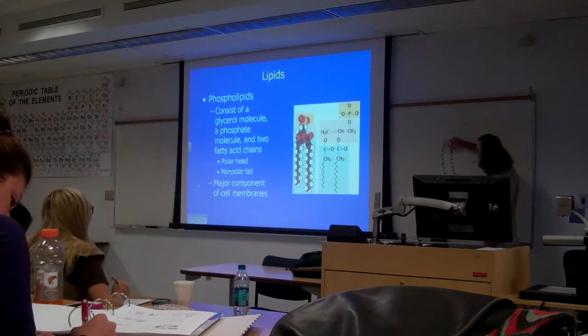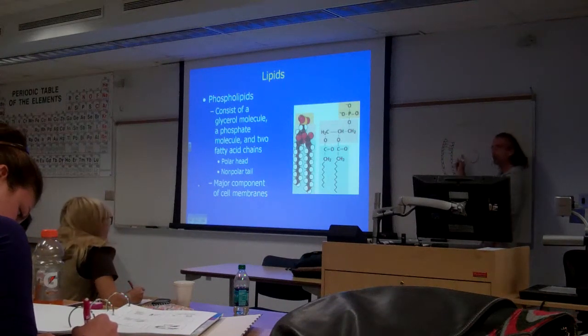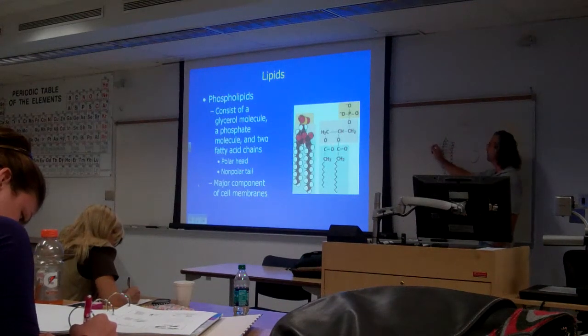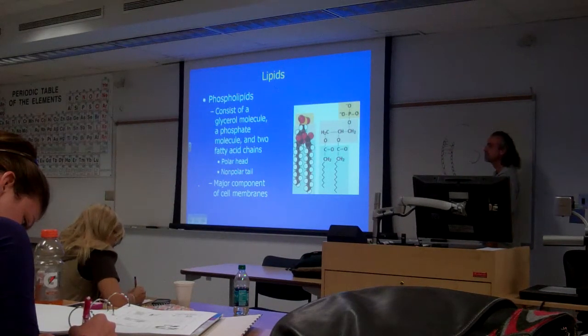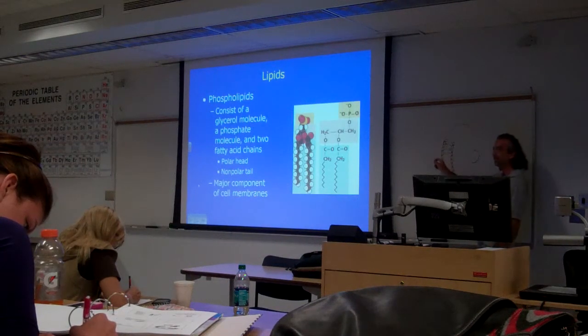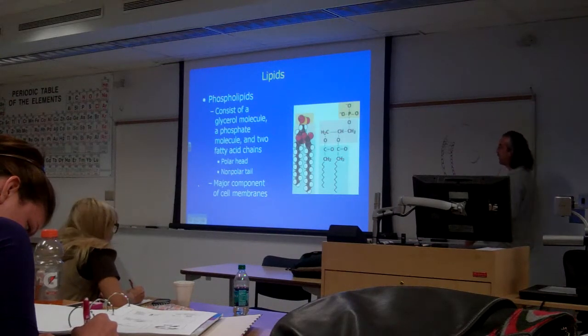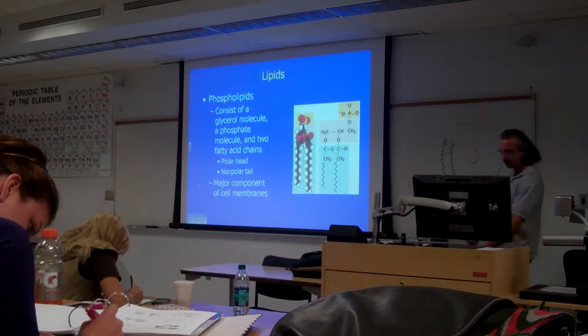Let's think about that for a second: polar head, non-polar tail. You think that might help with transporting stuff into and out of the cell? Some of this polarity thing? Yeah, it's going to. We're going to see how that might help or hinder certain things entering or leaving the cell, and we'll do that in chapter 3. Right now just know that phospholipids make the cell membrane.